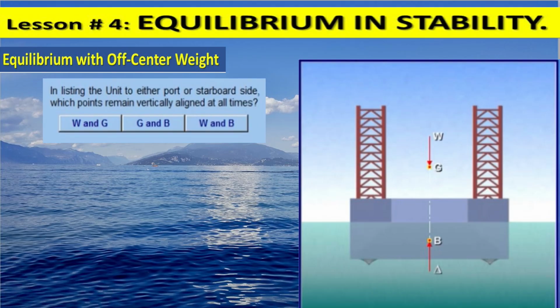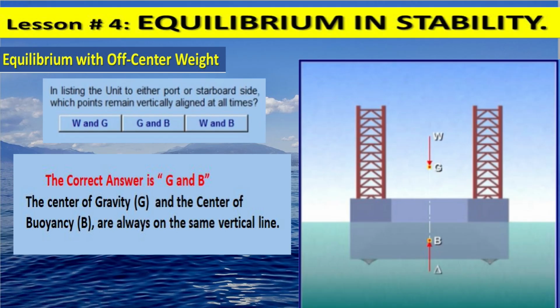Enlisting the unit to either port or starboard side, which points remain vertically aligned at all times? The correct answer is G and B. The center of gravity, G, and the center of buoyancy, B, are always on the same vertical line.